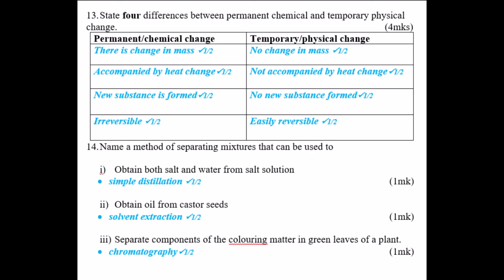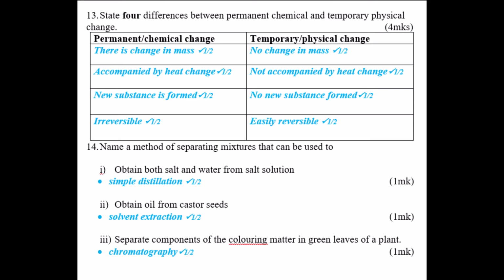The substance just assumes a different state, but the mass remains the same. With the permanent change, it is accompanied by heat change. But with the physical change, no heat change. It's a physical combination. With permanent change, new substances are formed. With physical change, no new substance is formed.